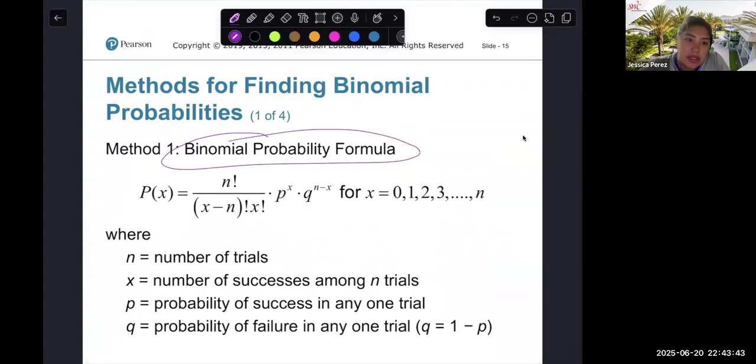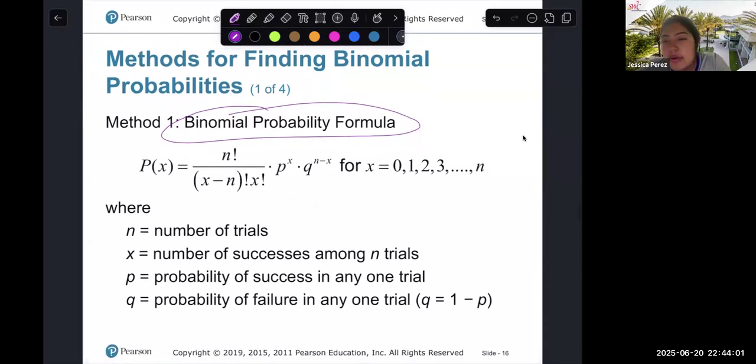So the first method is finding the probability distribution formula: n factorial over n minus x factorial times x factorial, p to the x times q to the n minus x. You don't have to memorize it, you can just have it written down, for x being 0, 1, 2, 3, all the way to n.